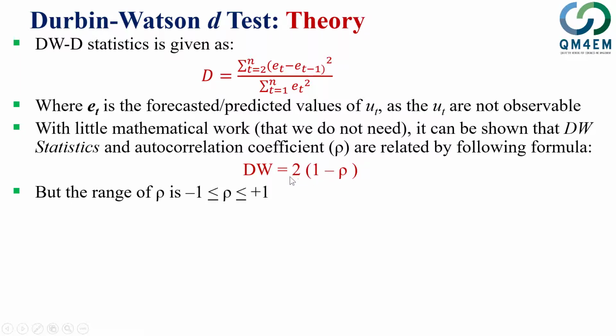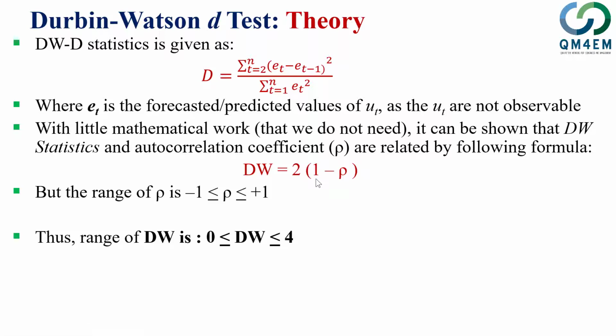Similarly, if I plug in +1, that becomes 1 minus 1, and it gives me a 0 value, and so on. So I can calculate the different values. This gives me the range for Durbin-Watson. The minimum value it can have is 0, and the maximum value it would have is 4.